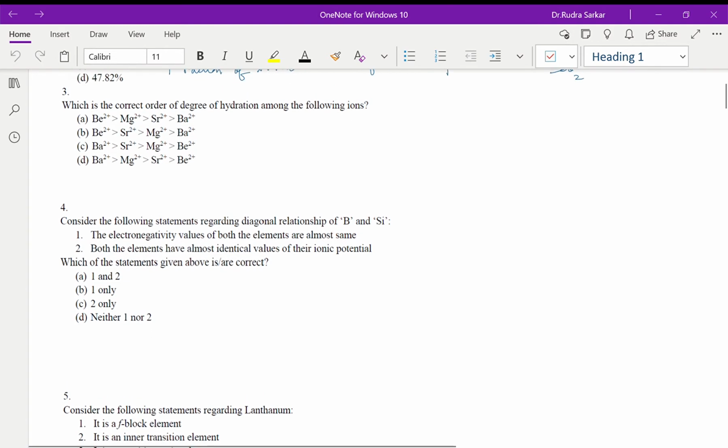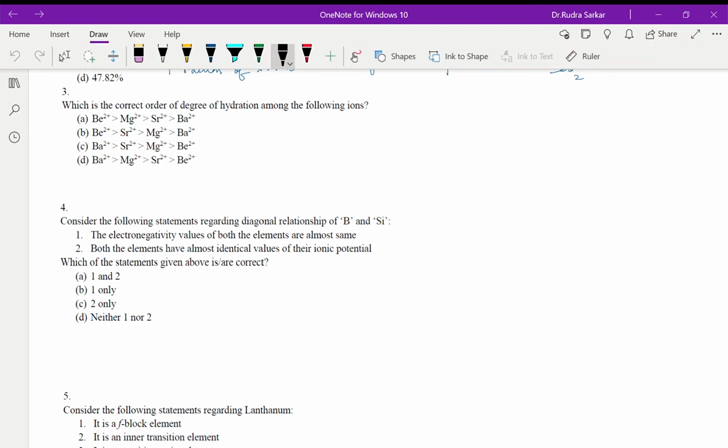The question 3 is, which is the correct order of degree of hydration among the following ions? So degree of hydration, we will say, is inversely proportional to the size of ion.